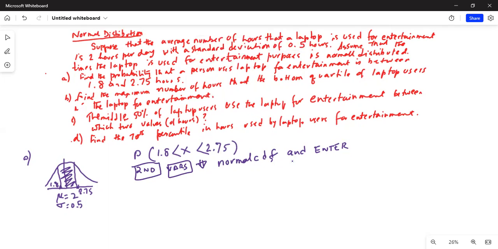Okay. So second vars, scroll down to normal CDF, which is number 2. So first it asks for lower. This is the lower boundary. Well, our lower is 1.8. So type in 1.8 after the colon in the lower.